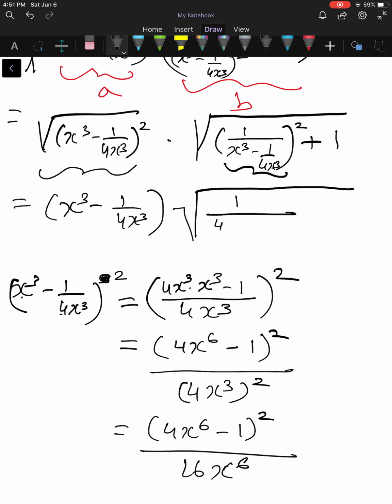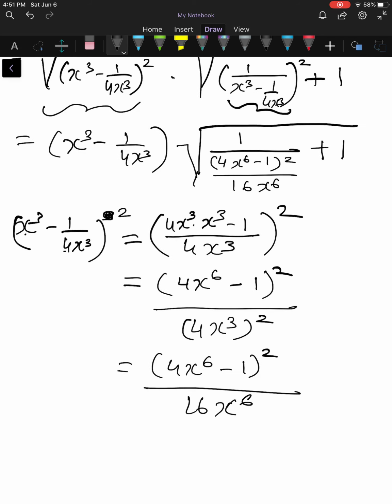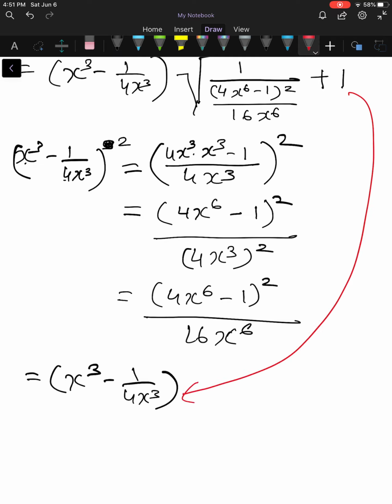So we have the simplified form, (4x⁶ - 1)² divided by 16x⁶, plus 1. Now further simplifying, write your x³ - 1/(4x³) as it is. So this is the next step of this.